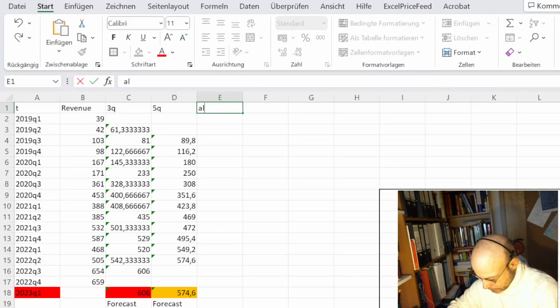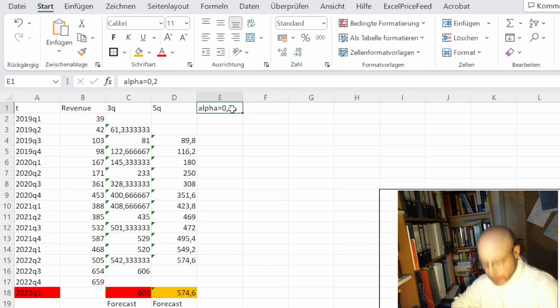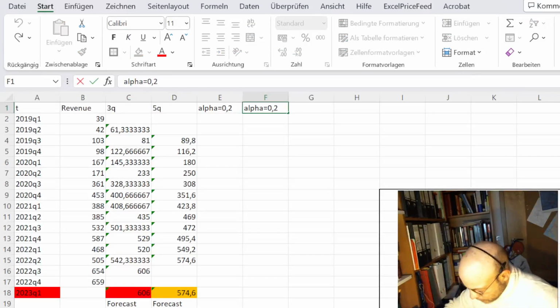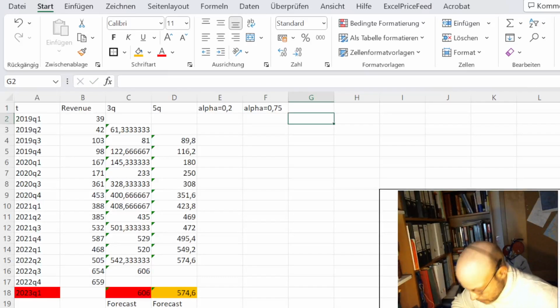So alpha equals 0.2, and let's say alpha equals 0.75, so to speak.